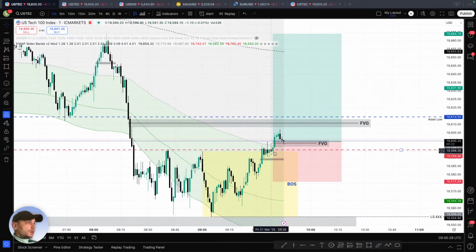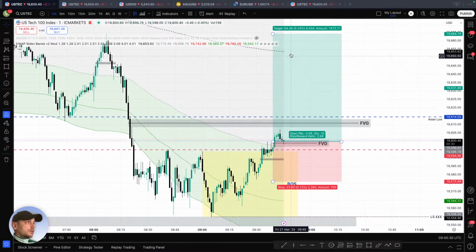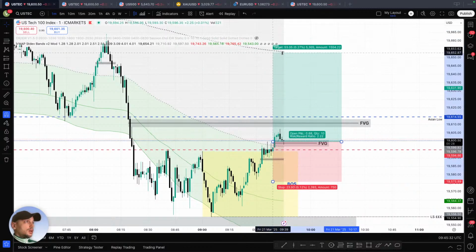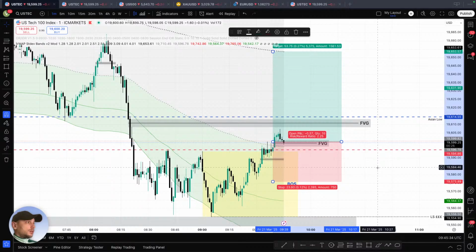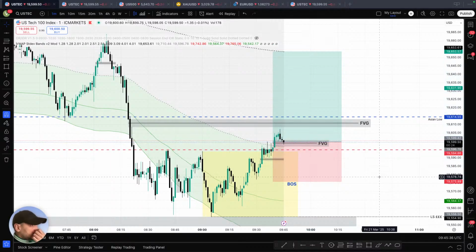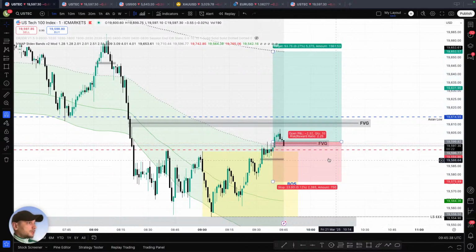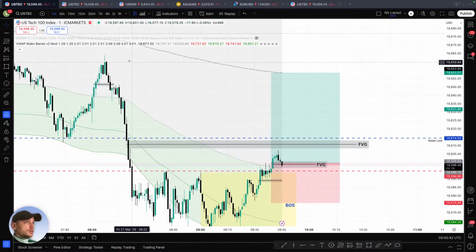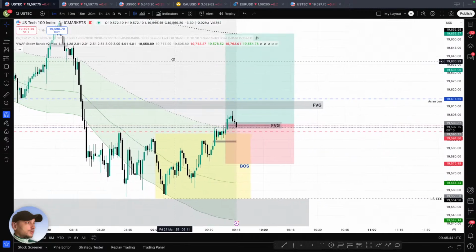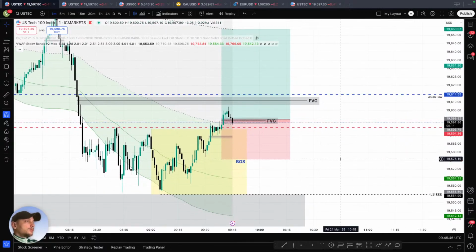We're above the green area, which is a good indication that we can aim for at least the 50% here, the average price. It's not bad. Good. This is what we want to see. Keep pushing.